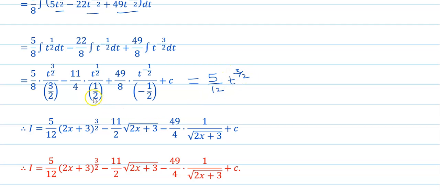Okay, next 4 into 1 upon 2, then you will get minus 11 upon 2, t raised to 1 upon 2. 49 upon 8 into t raised to minus 1 upon 2 over minus 1 upon 2. Again, you will get minus 4, that is minus 49 upon 4, t raised to minus 1 upon 2, and then plus c.